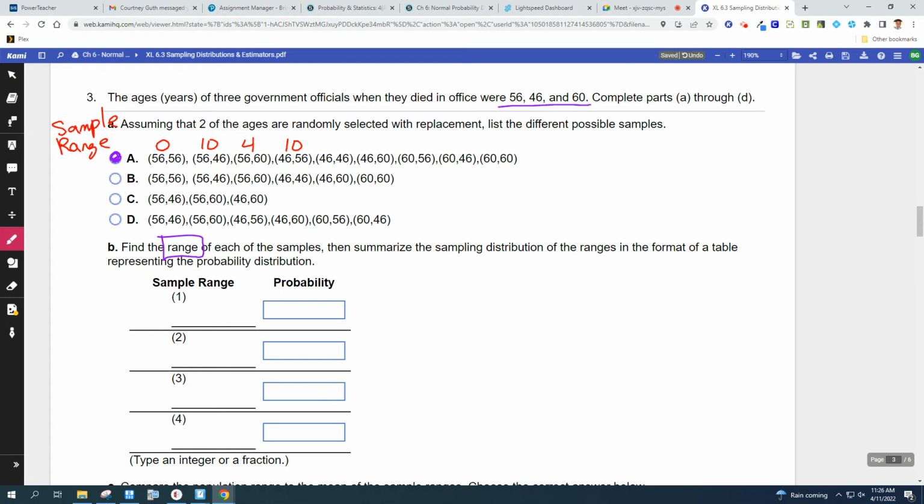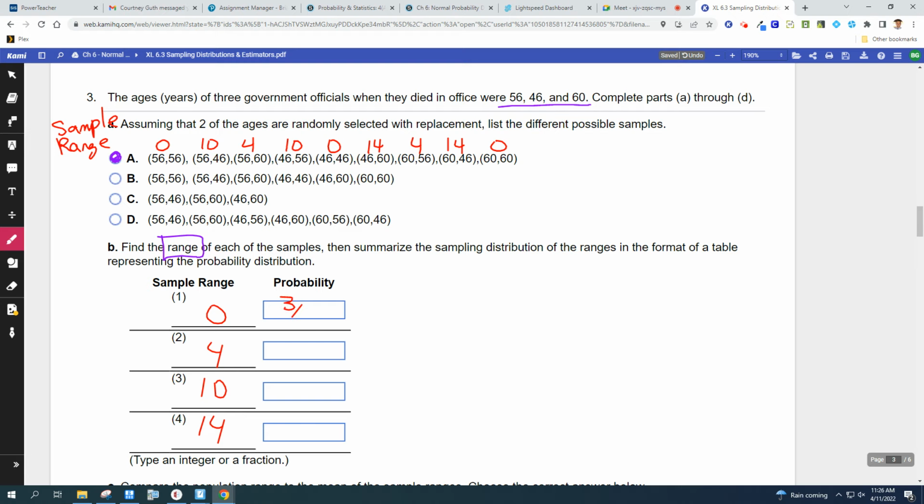Big number minus small number. This is 0. This is 14, 4, 14, and 0. So I'm really doing the same thing every time. That variance question was by far the hardest one, though. So my sample ranges I see could be 0, 4, 10, or 14.